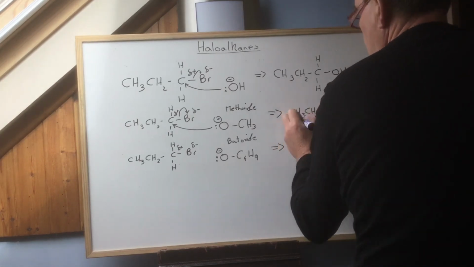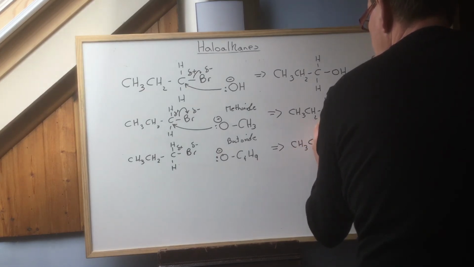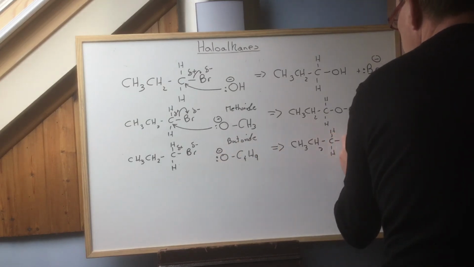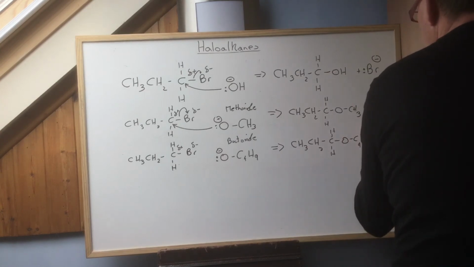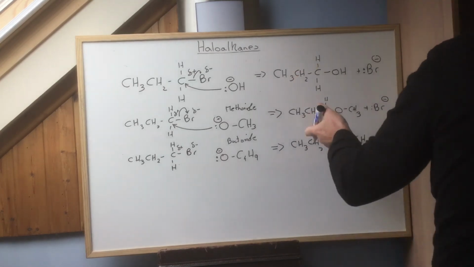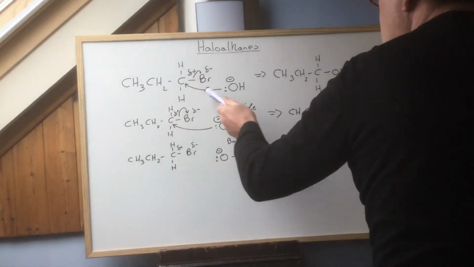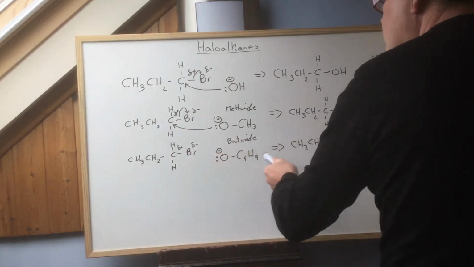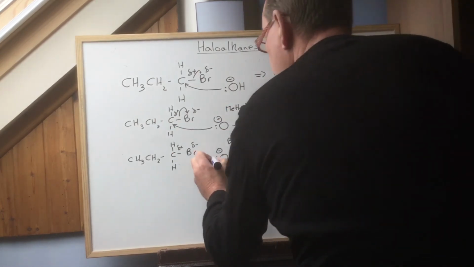It doesn't matter what you're making. This is outside of the AS spec, but you're going to shove that on and kick the bromide out. Don't know what these are called, it's irrelevant. So there's your starting parent, but these are the offspring that you've got to be able to cope with, and they're exactly the same.